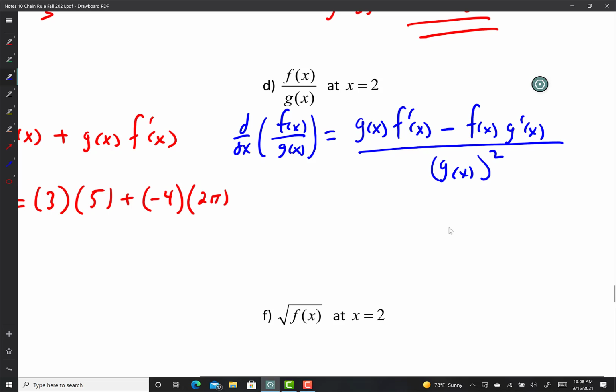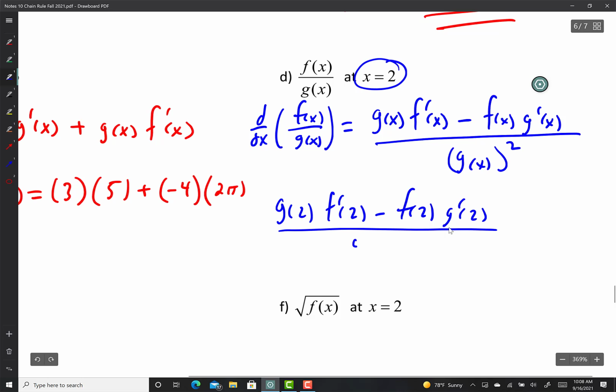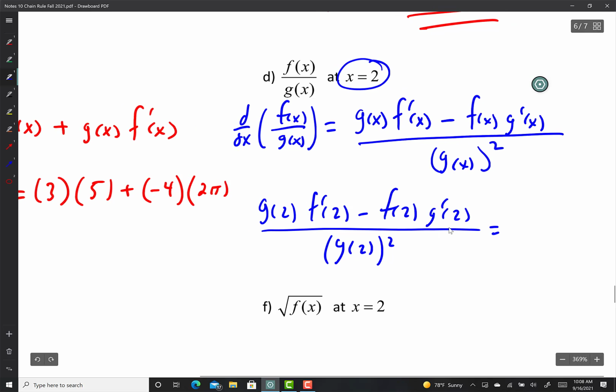And so check it out, guys. We use f and g just like you guys wanted us to use, right? All right. Anyways, so here we go. So now I'm just going to write what this is. So I'm going to plug in the number. I'm trying to find this at 2. So here we go. g of 2, f prime of 2 minus f of 2, g prime of 2. If you already know what's going on, you can just plug in the numbers, and you don't have to do that all over again. Equals, what's g of 2? 2.